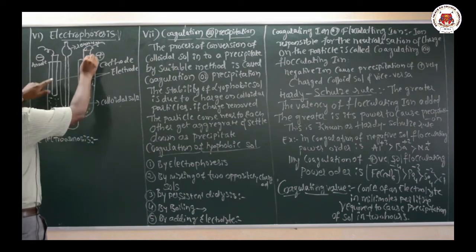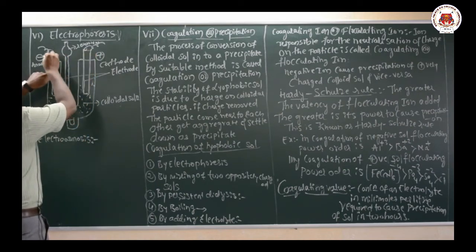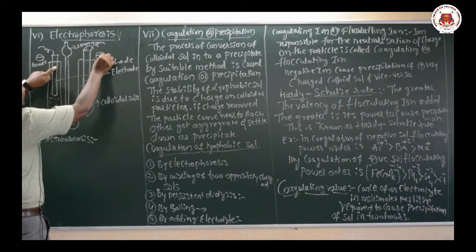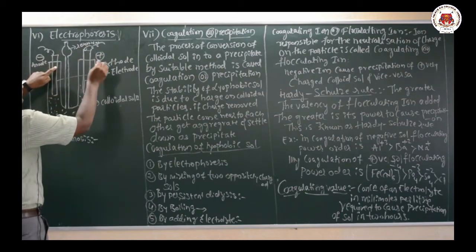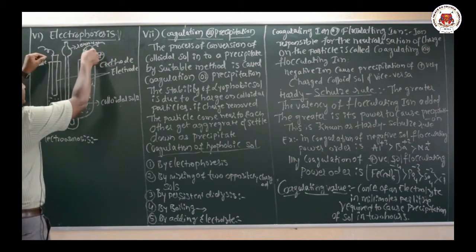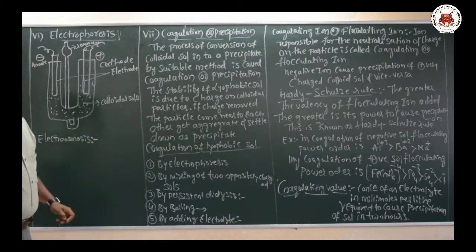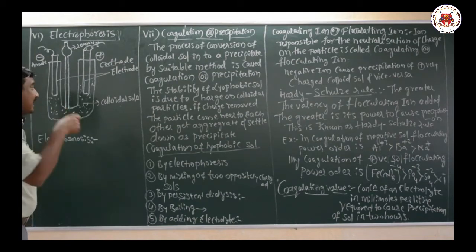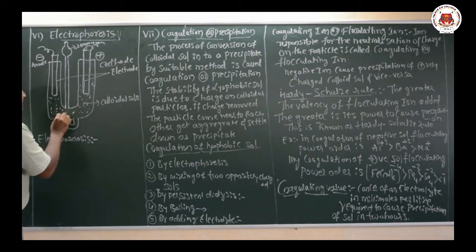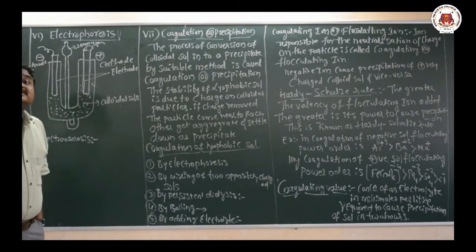One acts as an anode and the other acts as a cathode. When electrical potential is applied to these two electrodes, the charged colloidal particle migrates towards either the cathode or the anode, depending upon the charge present on it.